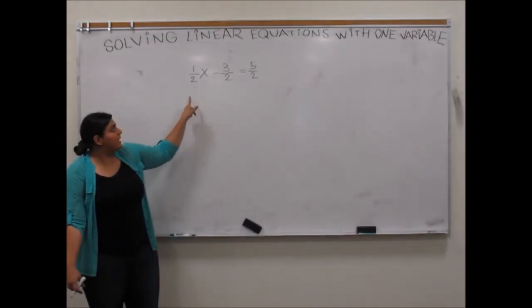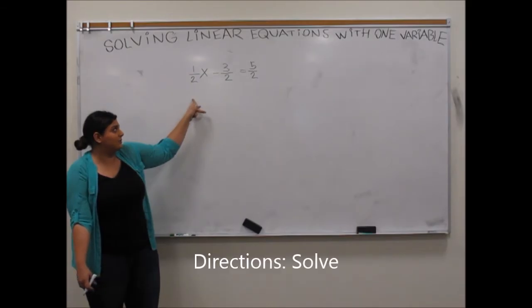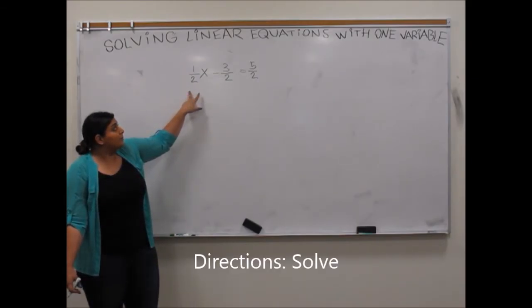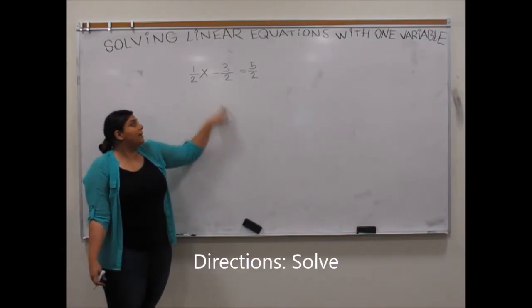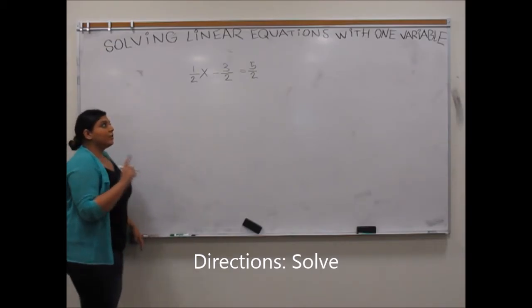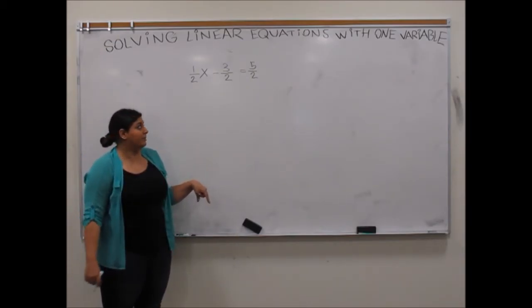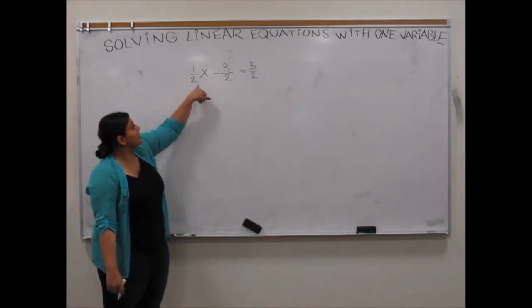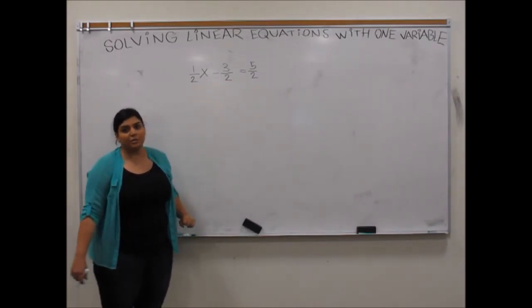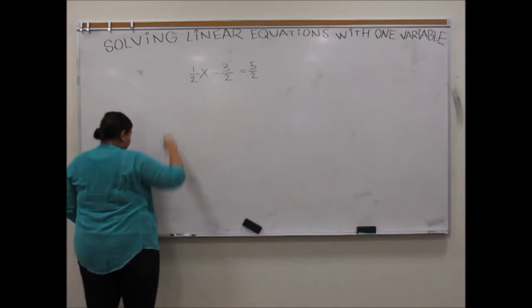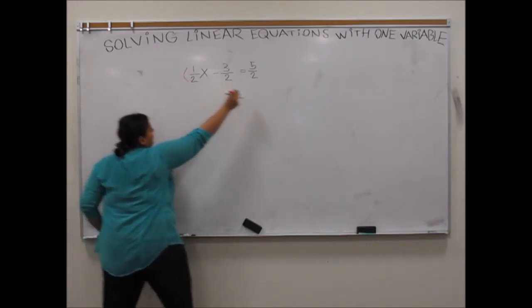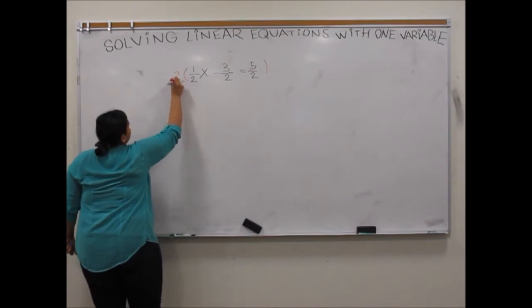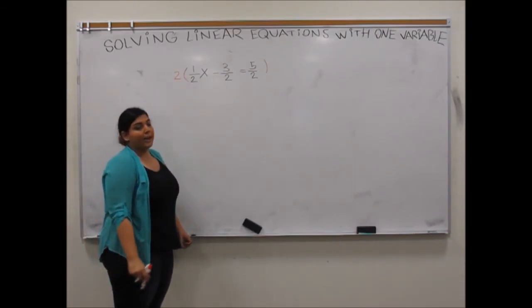Sometimes we get equations involving fractions. In that case, we want to multiply everything by the LCD, or the least common denominator. Here, we're just lucky that all the denominators are 2. So I'm going to multiply everything by 2 to get rid of the fractions.